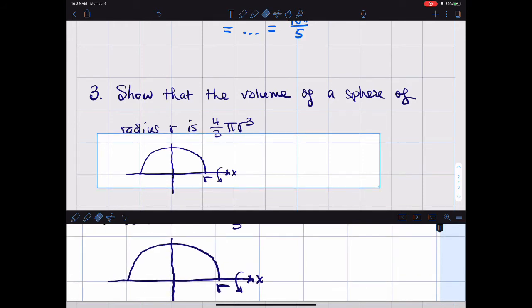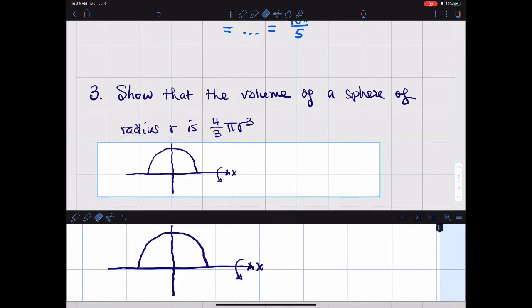Well, let's make it really a semicircle, so like this. I think this is better. So center the semicircle at the center of the x-axis. So this would be r, and let's make this negative r.